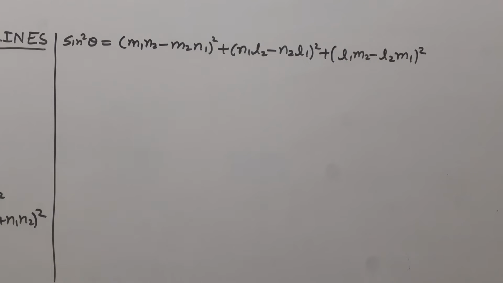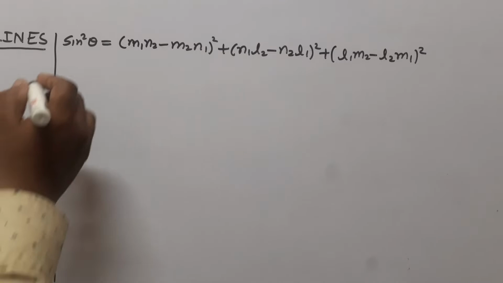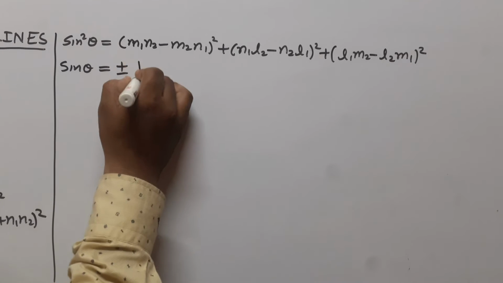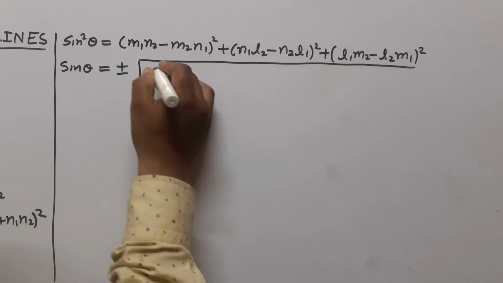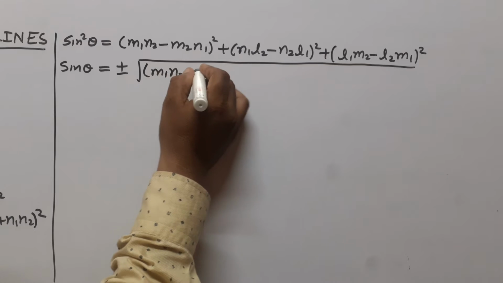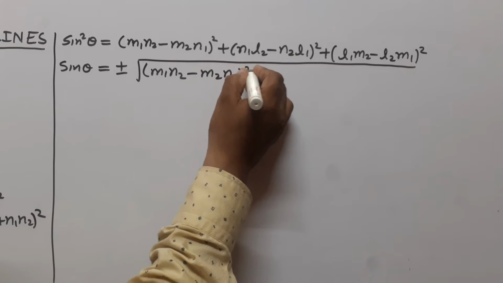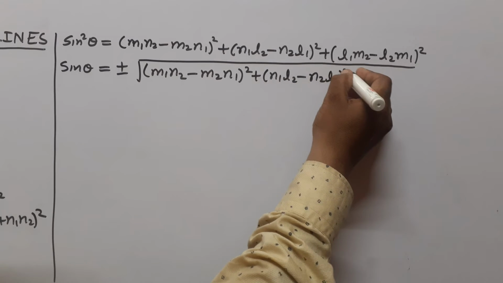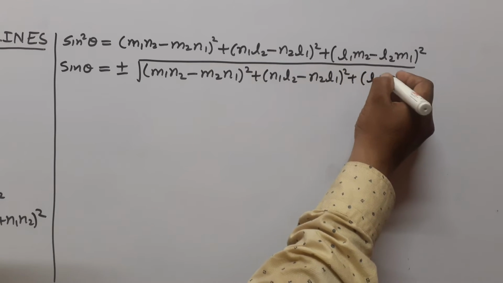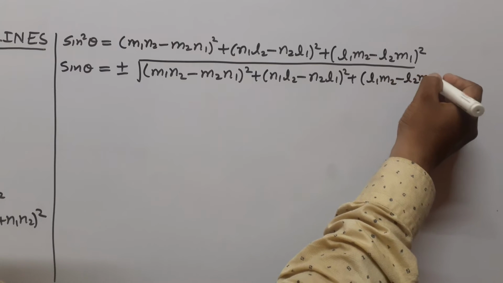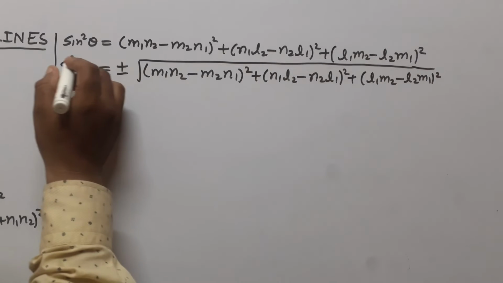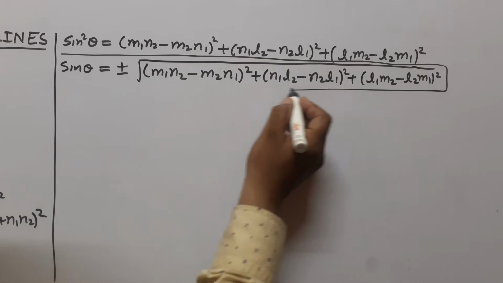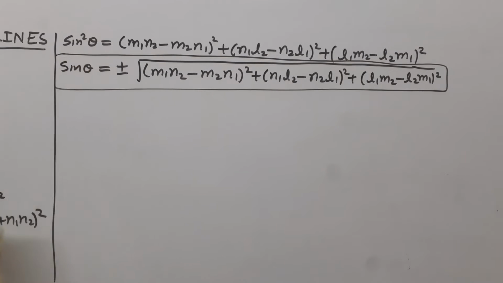Now taking the square root of this we get the value of sin theta. So sin theta is equal to plus minus under root (M1 N2 minus M2 N1) whole square plus (N1 L2 minus N2 L1) whole square plus (L1 M2 minus L2 M1) whole square. So this is the value of sin theta in terms of the direction cosines of two lines.